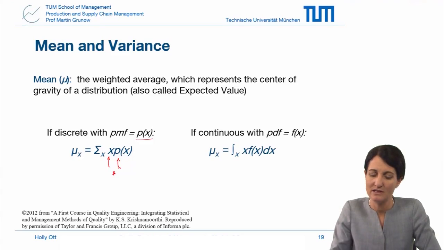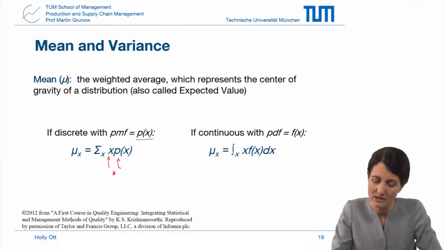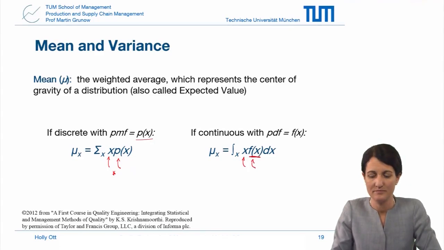If we have a continuous distribution with PDF equals f of x, then we do the same thing, except we integrate over all possible values of x, the PDF times the value of x. So, as stated above, the definitions show that the mean of a probability distribution is the weighted average of the distribution, or a center of gravity.